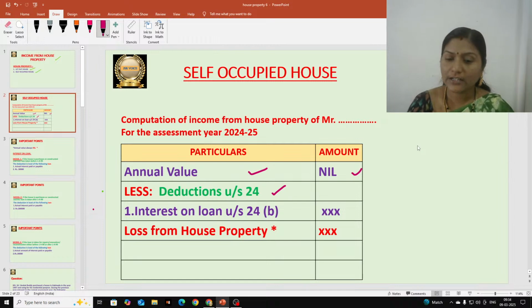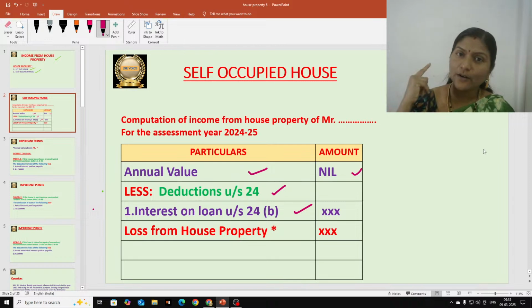How many deductions are there in case of a self-occupied house? Only one deduction is there, that is interest on loan under section 24(b). How much deduction should we give?